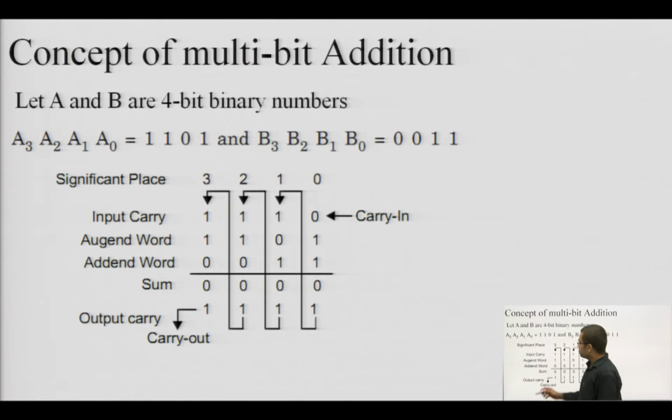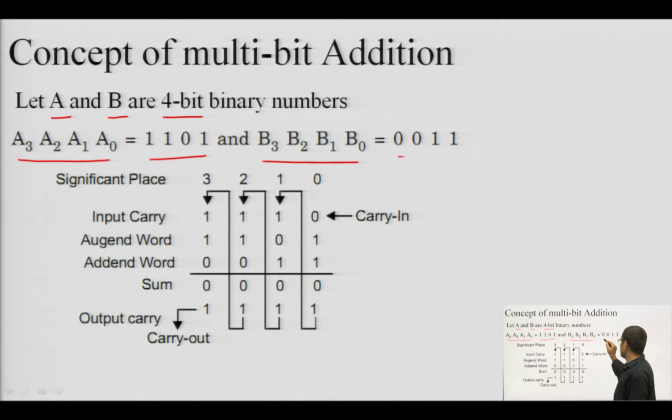So, now let us suppose that A and B are 4 bit binary numbers, which are being denoted by A3, A2, A1, A0 and B3, B2, B1, B0. And we have also taken an example that these A3, A2, A1, A0 are equivalent to 1, 1, 0, 1 and B3, B2, B1, B0 are equivalent to 0, 0, 1, 1. So, these are the A and B representations of these binary numbers.